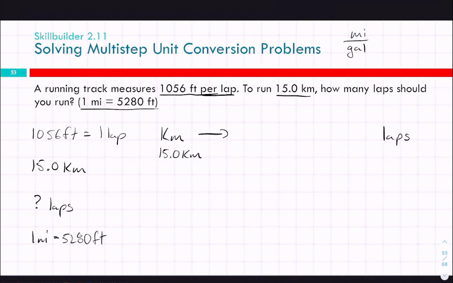So look at our first step here, the solution map, going from kilometers to miles. That's a conversion that's on that chart, and I think it's 1.602 kilometers equals 1 mile. 1 kilometer is 0.6214 miles.